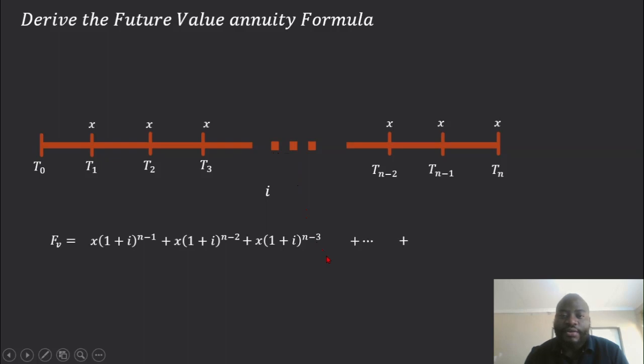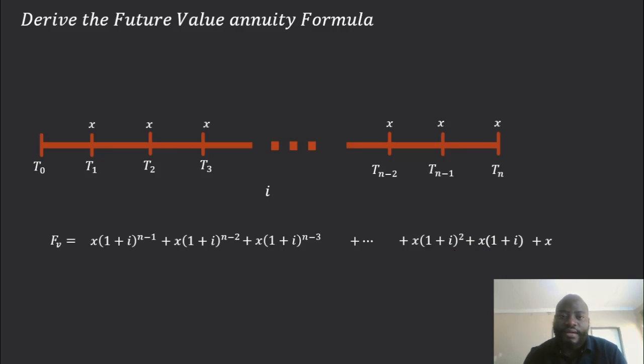And then we come to the one that's going to be in the account for 2 periods, so it will be x multiplied by (1 plus I) squared. And this one here moves only one period, which means it will only have 1 plus I multiplied by it. And the very last one is the one that we talked about that doesn't bear any interest, so it's just going to be x.